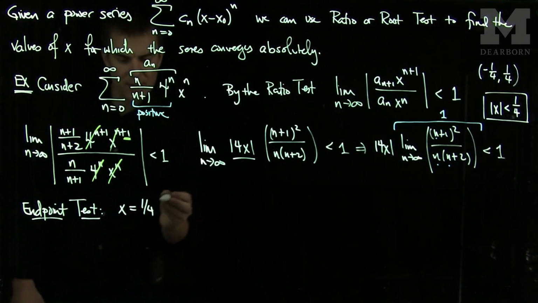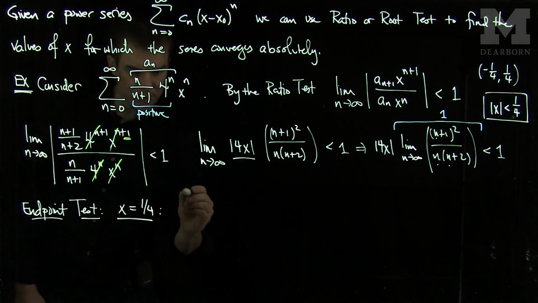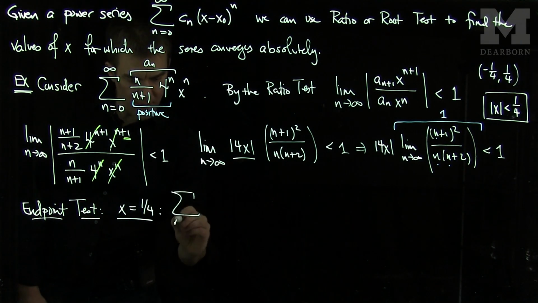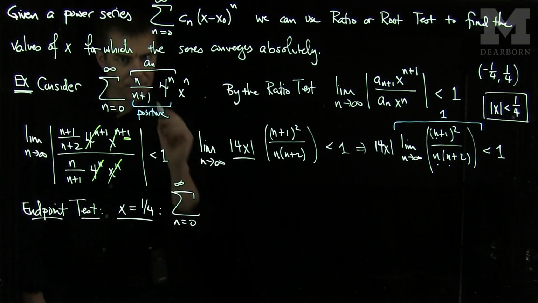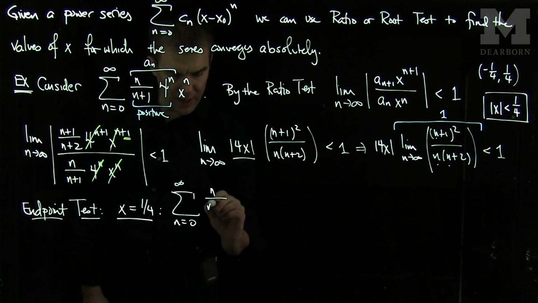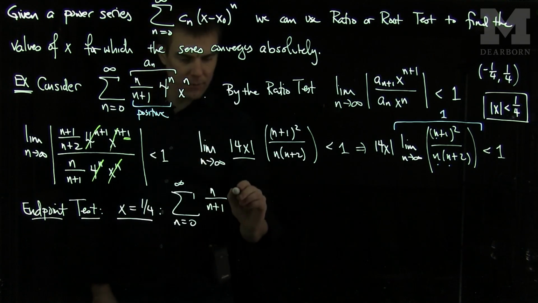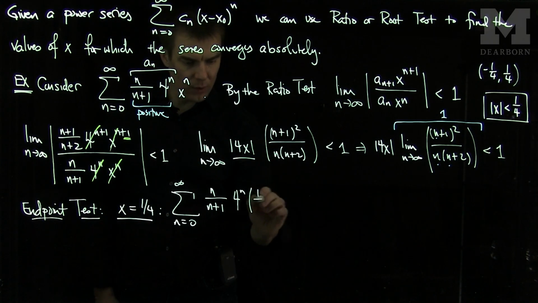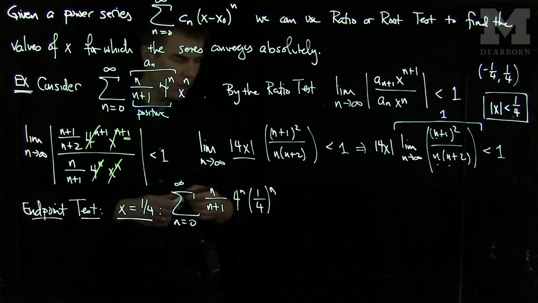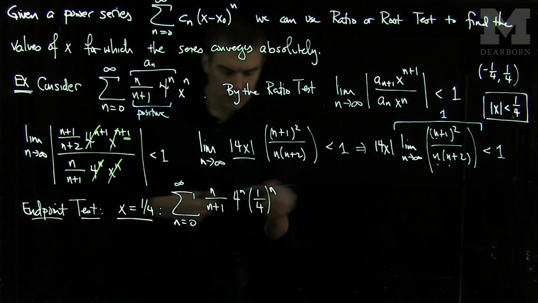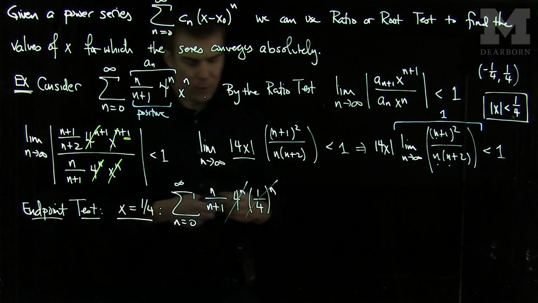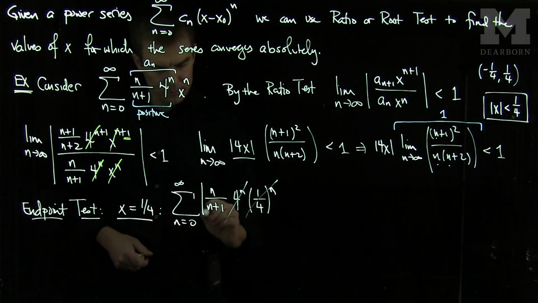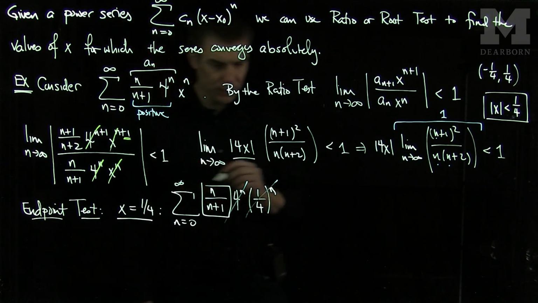We get the sum, n goes from 0 to infinity, of n over n plus 1, times 4 to the n, times 1/4 to the n. The 4 to the n and 1/4 to the n cancel out, and we're left with the sum of n over n plus 1.